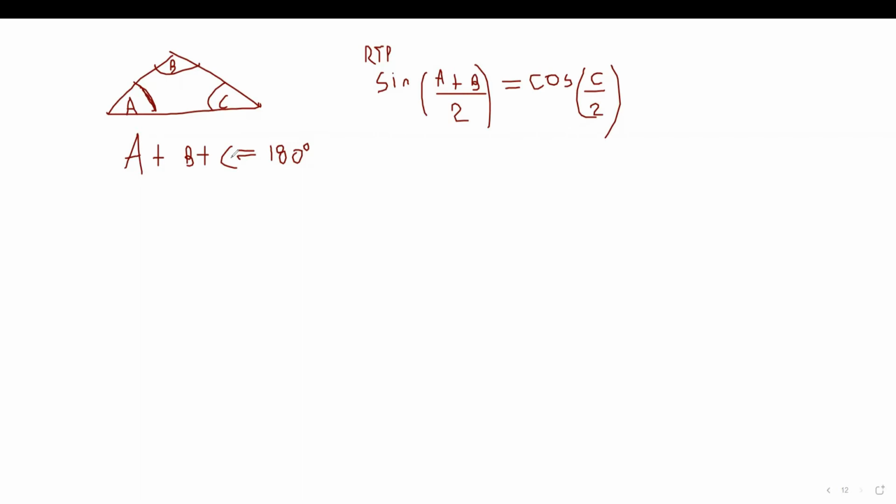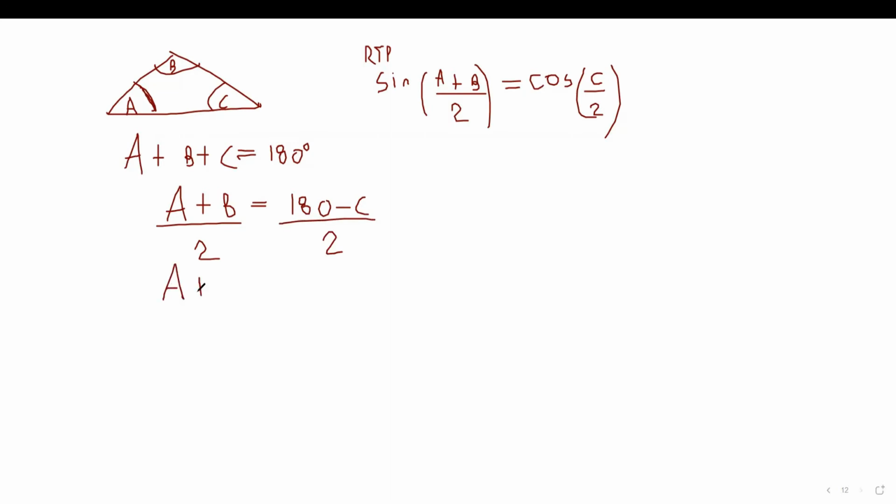Now look at this. If I subtract C from both sides, I can see that A plus B would be equal to 180 degrees minus C. And then what I can do next is divide both sides by 2 to get that A plus B over 2 is equal to 180 minus C over 2.